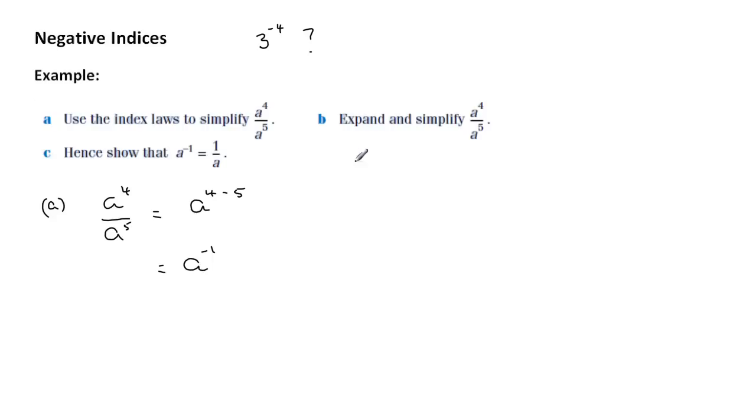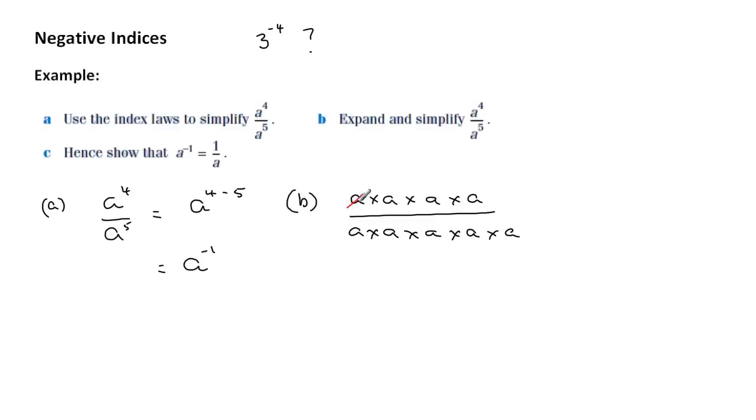Let's have a look at what we do when we expand a number like this, exactly the same number in fact. We go a times a times a times a, and underneath we have 5 of them, 1, 2, 3, 4 and 5. I'll just mark in here letter B. Alright, so let's cancel out.